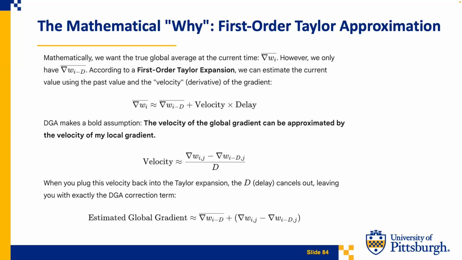My velocity is W_i,j minus W_i,j minus d, that's the progress I made, divided by the d steps. That's my speed of gradient change. When you plug this velocity into the equation, the d cancels out. So we are using my change to approximate other people's change, and to approximate other people's current gradient. You plug this in, and the estimated global gradient is this, essentially. That's the whole idea behind this approximation.